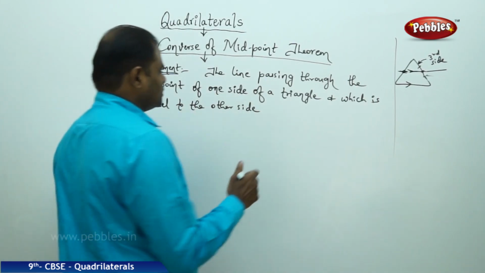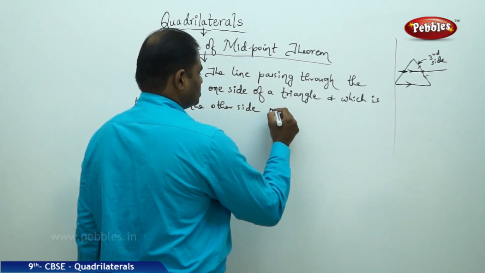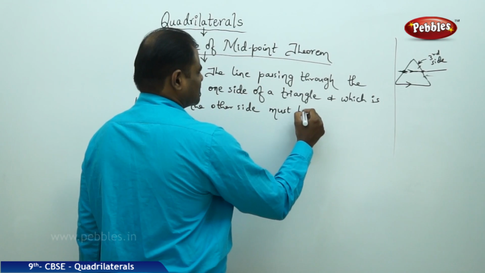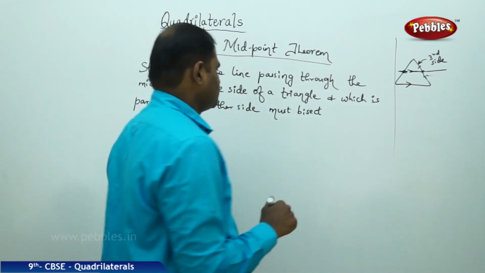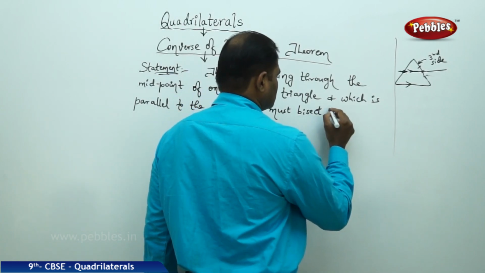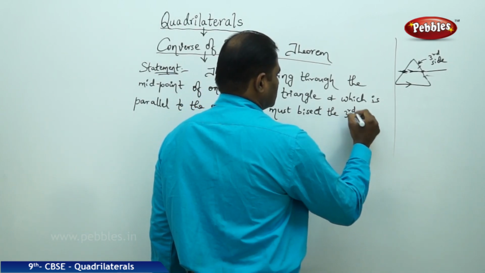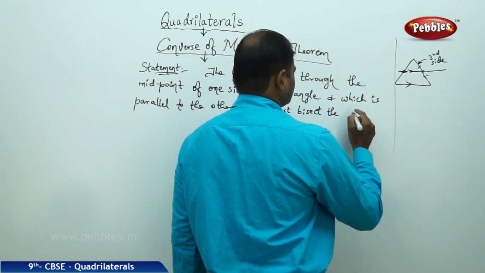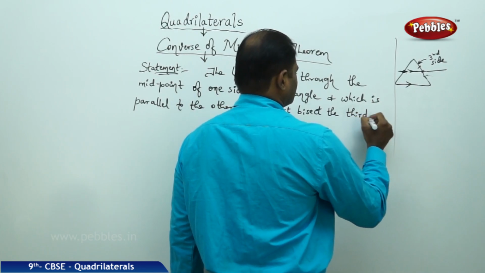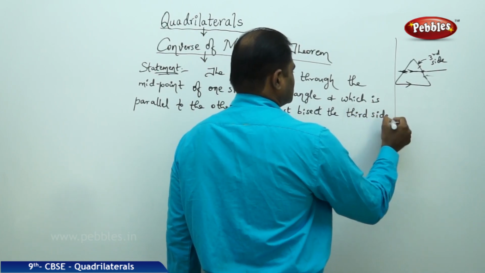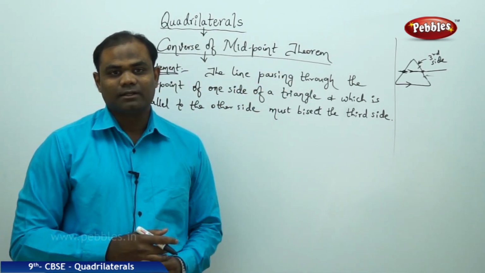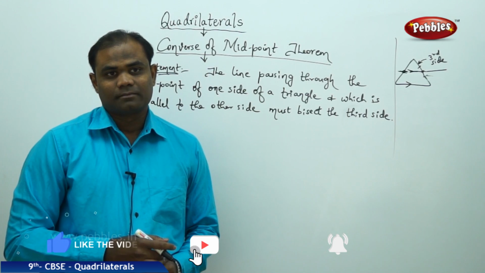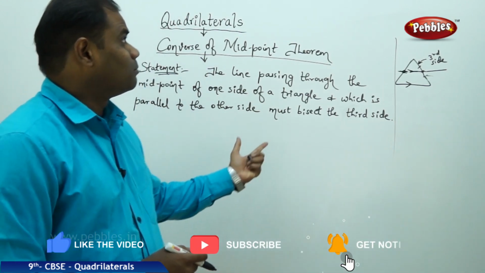And which is parallel to the other side must bisect or must pass through the midpoint of the third side. No escape. This is how we understand the converse of the midpoint theorem.